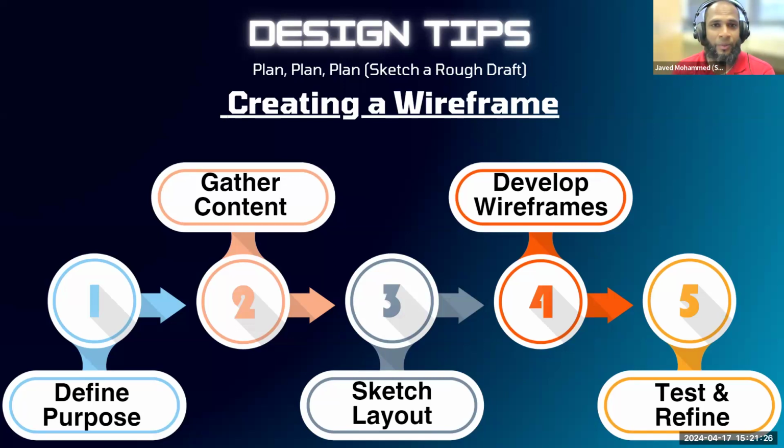For example, in this PowerPoint presentation here, I try to keep that high contrast, so you can see jumping out here, gather content, develop wireframes. It's black text in front of a white background. So the color theories have different theories behind them.